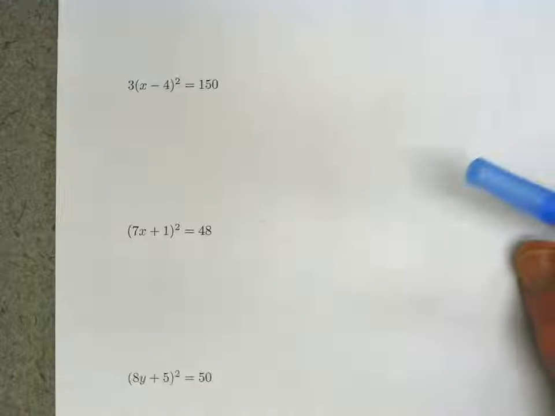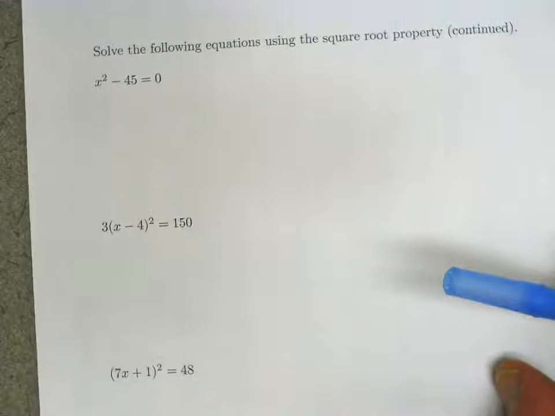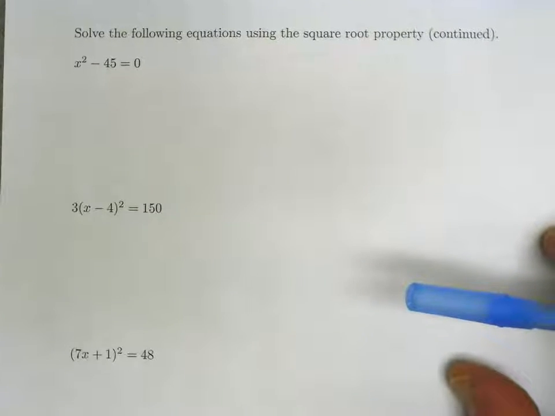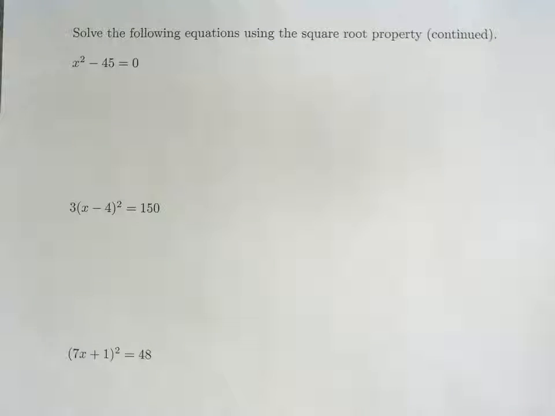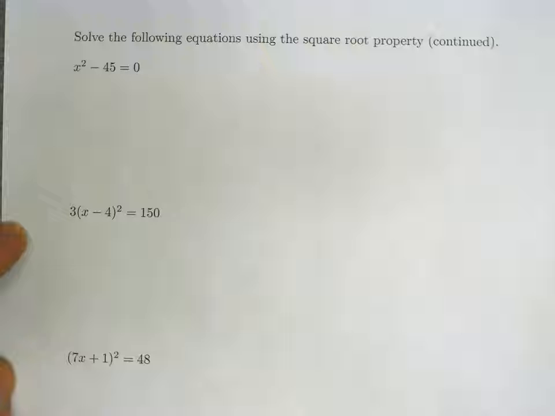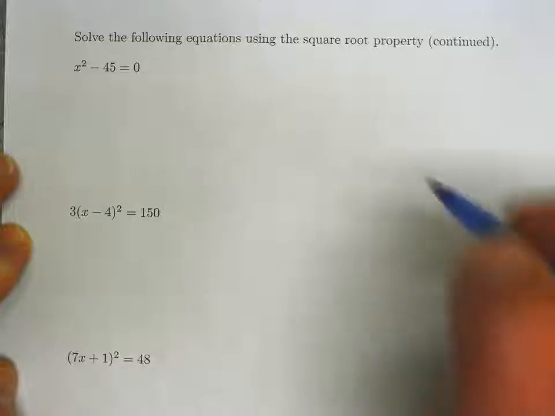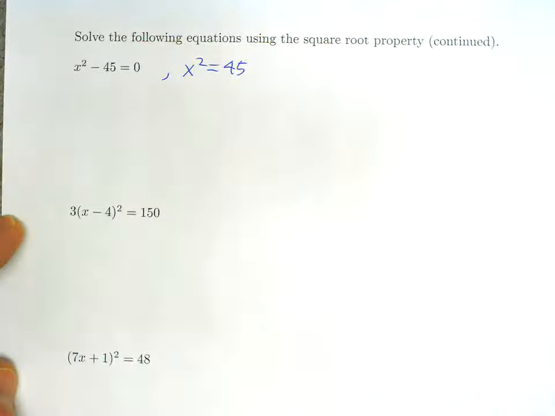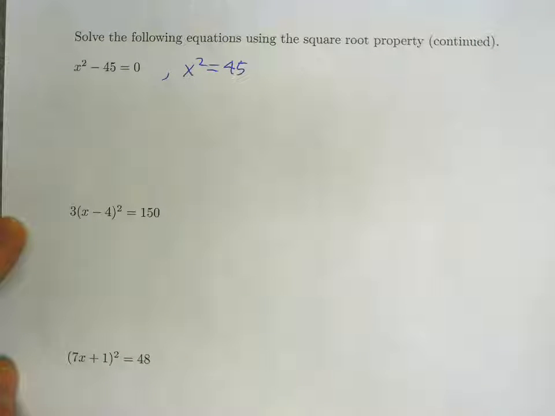In this example, first one at the top, x squared minus 45 equals 0. So we have just a little preliminary work to start with. We have to add 45 to both sides, so we get x squared equals 45. And now we can apply the square root property.